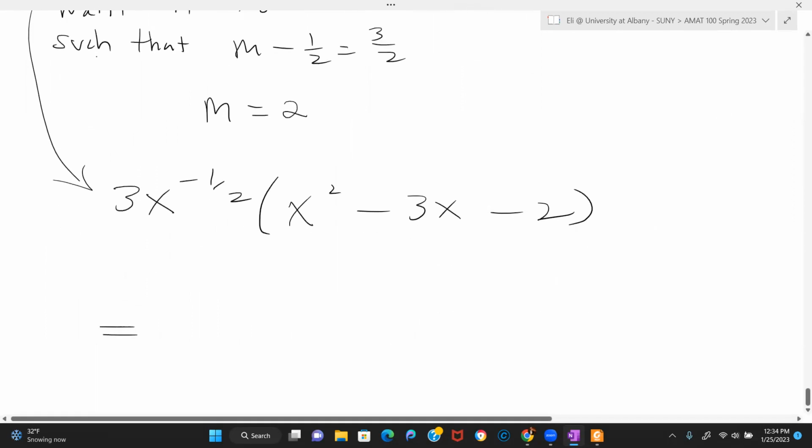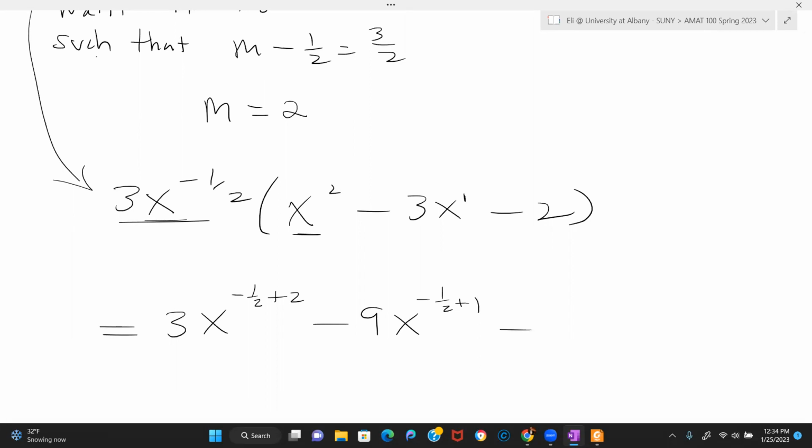All right, so I'm going to distribute that through, so I get 3x to the -1/2 times x squared. So I add the exponents, so it's going to be x to the -1/2 plus 2. Now distribute this to the second term. You get -9 times x to the -1/2. Again, this is a 1, so it's plus 1. And then distribute to the last term, you get -6x to the 1/2.